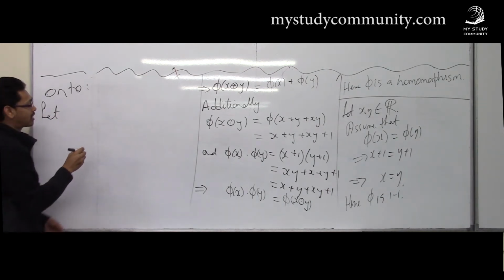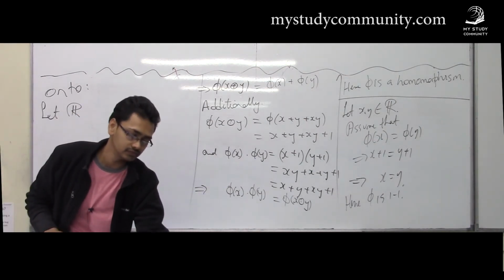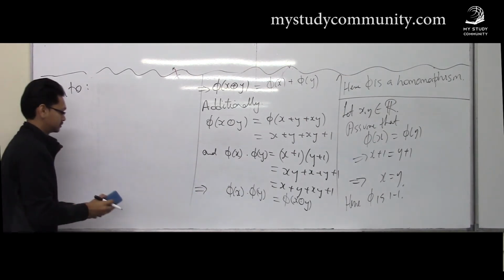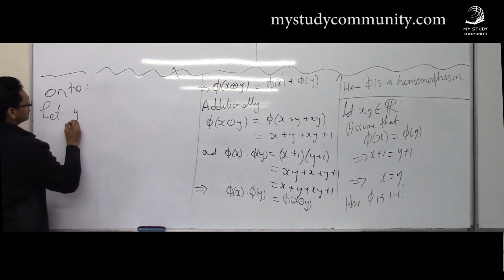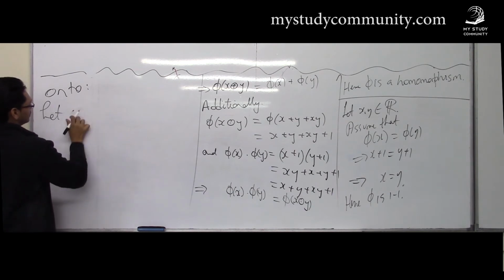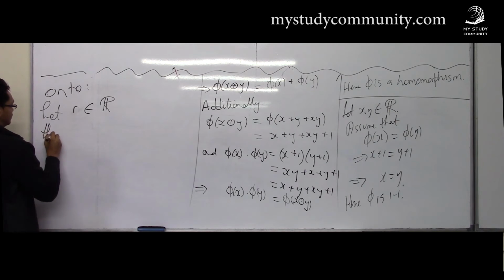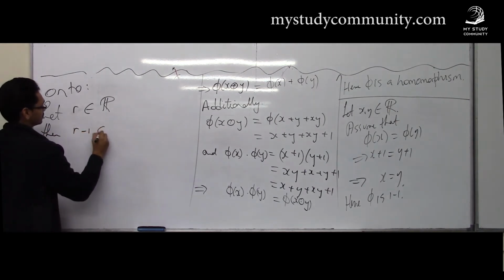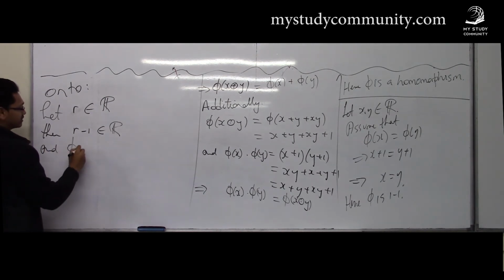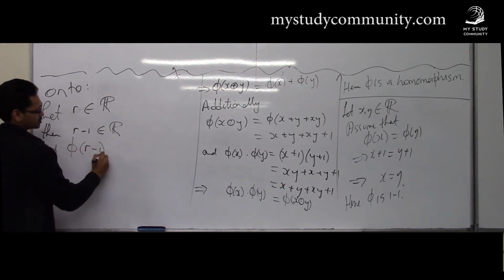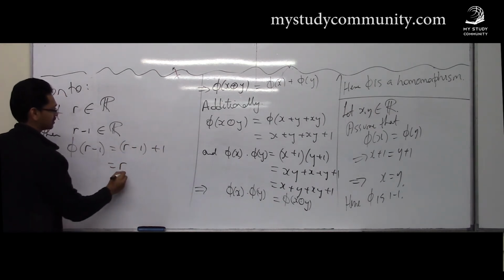The codomain is still R. So for onto, we take an element in the codomain, which is R. Let r be in R. Then r minus 1 will be in R, and phi of r minus 1 is r minus 1 plus 1, which is r.